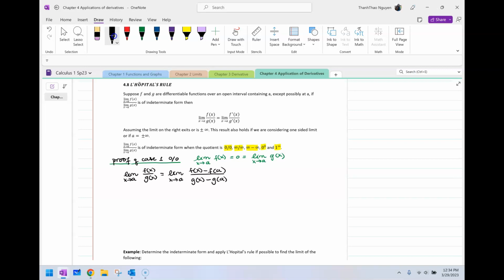Note that here f of a and g of a are equal to 0, right? Because the function is continuous at that point. So then I can rewrite this as the limit as x approaches a of f of x minus f of a divided by x minus a. I divide the numerator and denominator by x minus a.